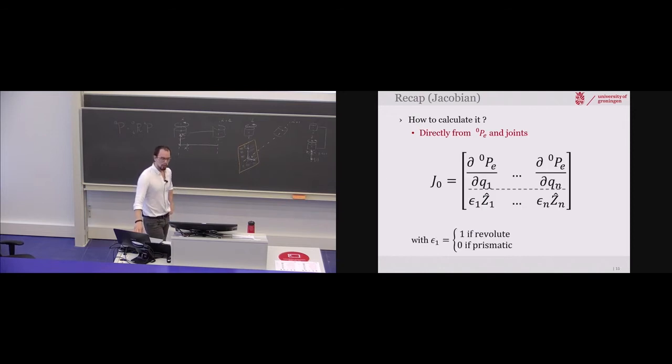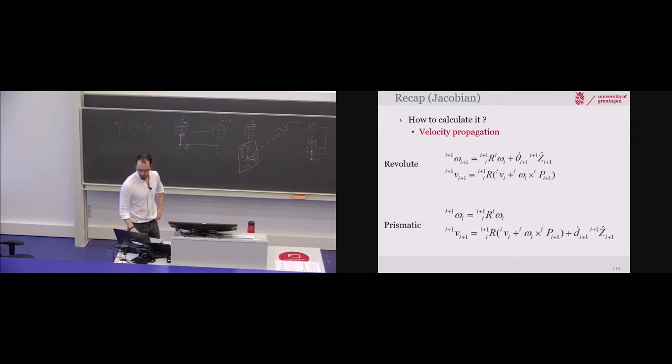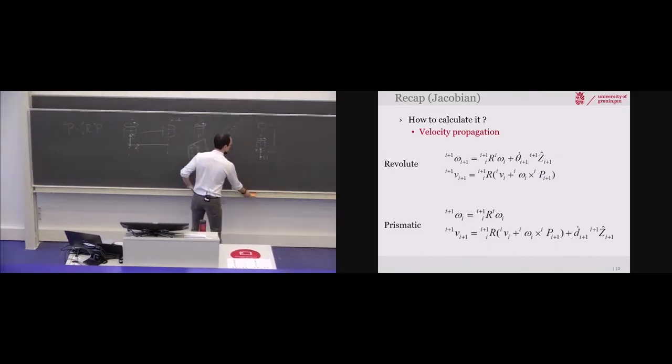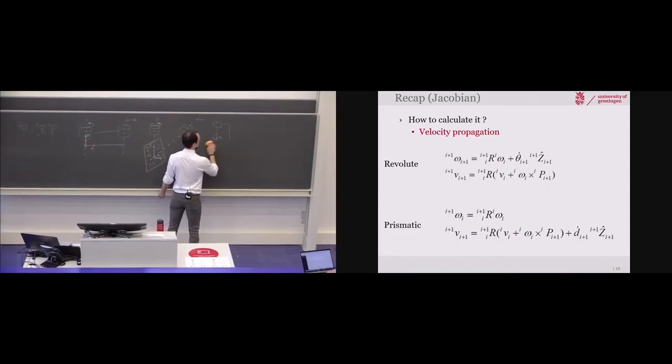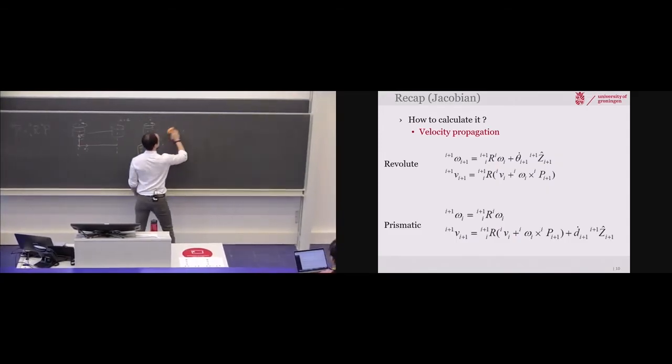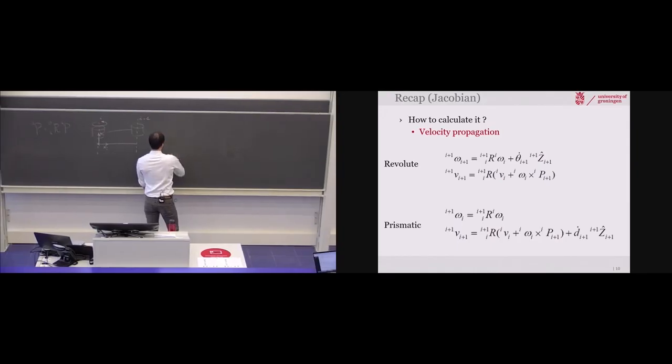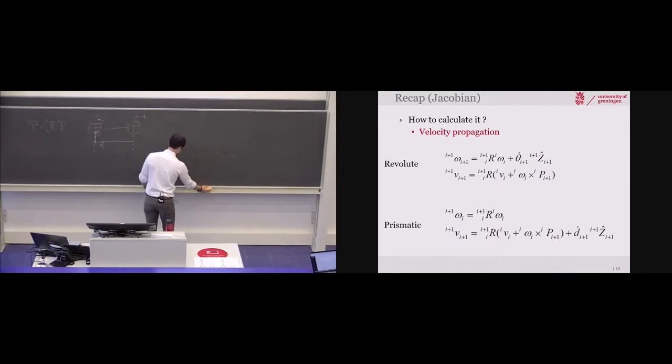Now, another possibility on how to, let me go back one slide. So basically, why does this method give you the Jacobian? Well, let me erase. Basically, it works like this.